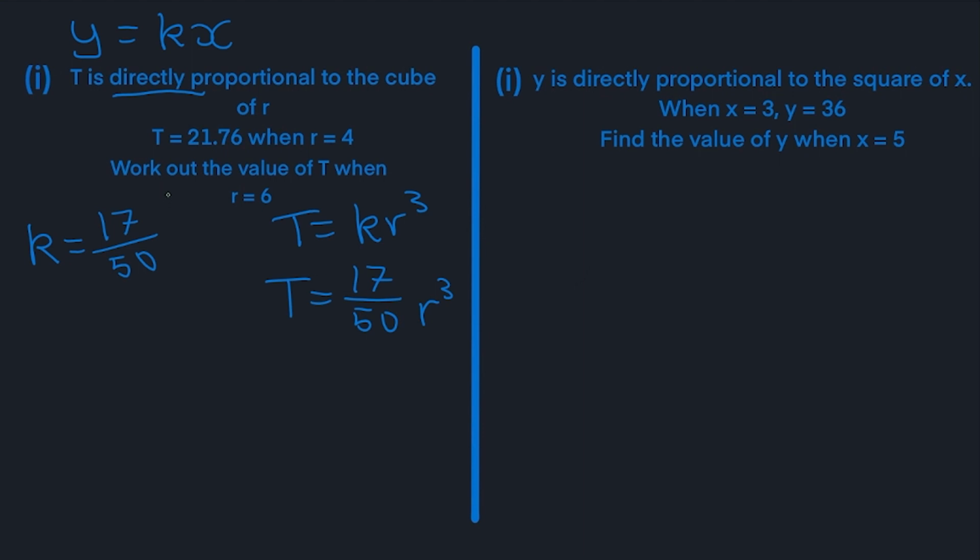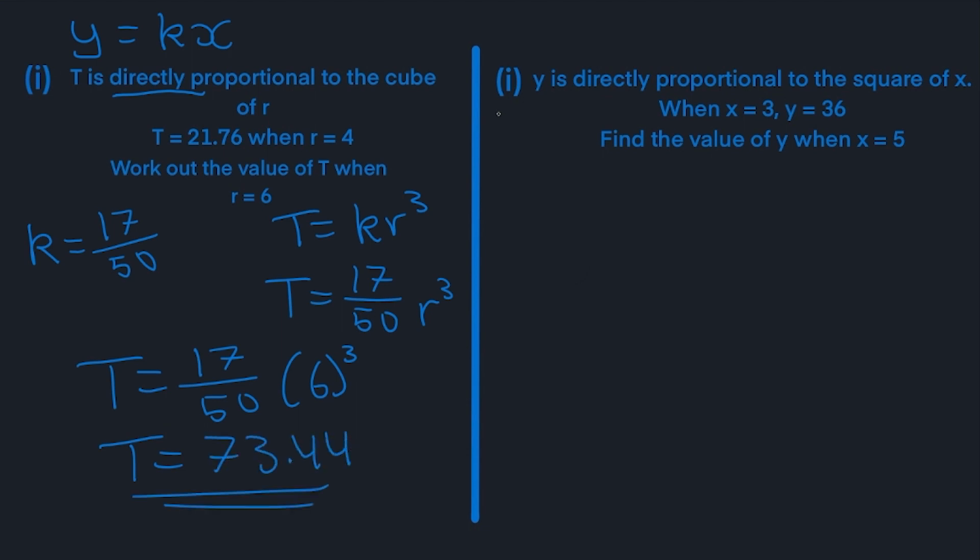It's asking us to work out the value of t when r is equal to 6. We have to substitute that in like so and cube it. Then if you put this in your calculator, you should get 73.44.